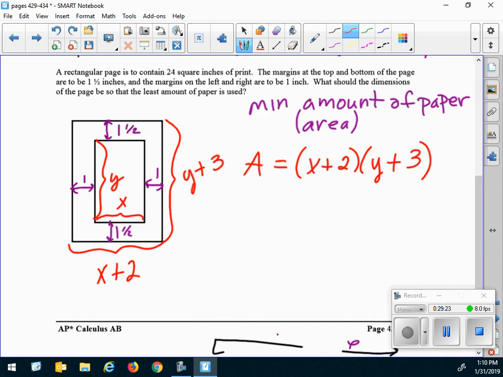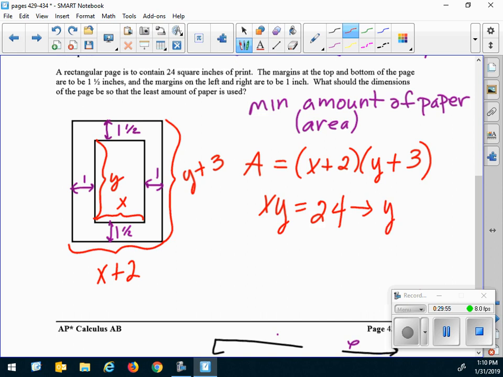I do. I've got to have some more information. The rectangular page is to contain 24 square inches of print. What has to equal 24? There you go. I know that XY equals 24. So I can take that secondary equation, solve it for either X or Y, and substitute back into the primary equation.